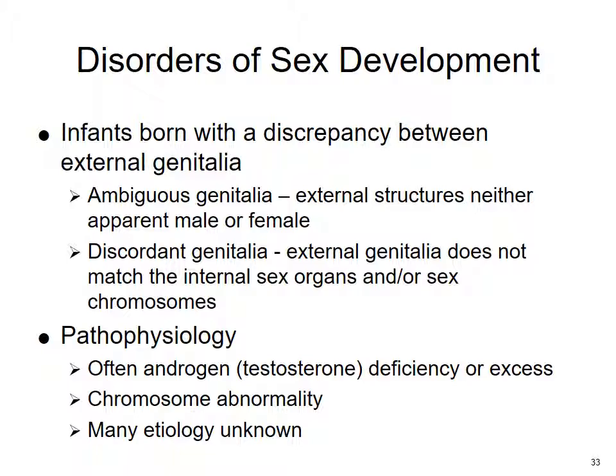Disorders of sex development. Sometimes this manifests as infants born with a discrepancy between their external genitalia. So this could be ambiguous genitalia, where the external structures are neither apparently male or female, or this could be discordant genitalia, where the external genitalia does not match the internal sex organs and or does not match the sex chromosomes, the X and Y chromosomes.